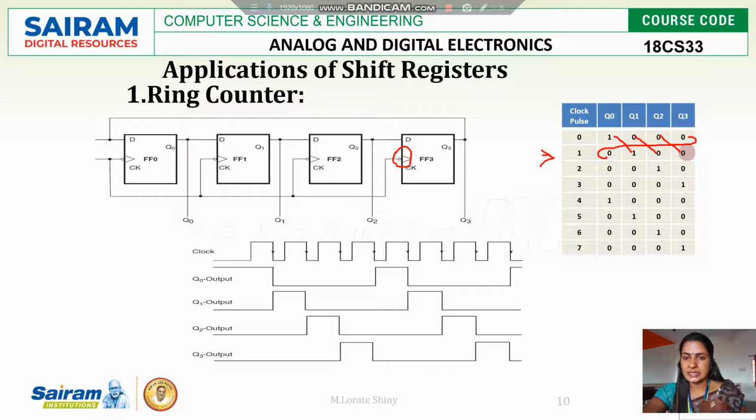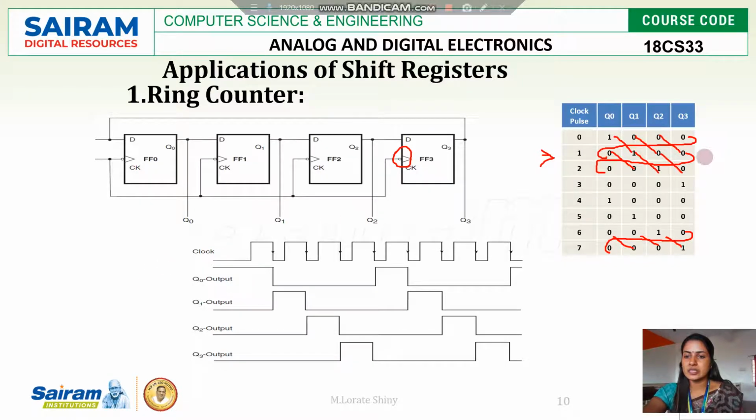Next, in the next cycle, Q3 will be shifted to Q0. This is the current state, so the previous state of Q0 will be shifted to Q1, Q1 to Q2, Q2 to Q3. If you see here, 0 is shifted here, remaining all shifted. This is the ring counter.